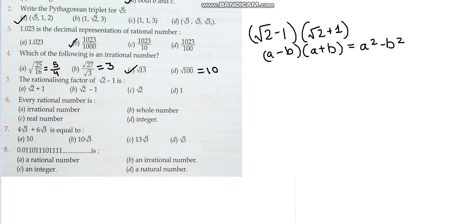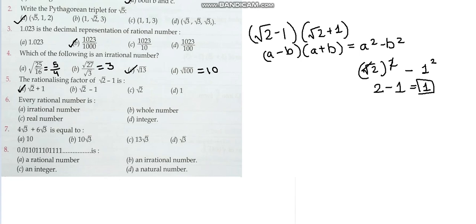So putting the values, we get root 2 square minus 1 square. The square root symbol will be cut by the square symbol and it will be 2 and 1 square is 1. So 2 minus 1 is equal to 1, which is a rational number. So the answer to the fifth question is A part, root 2 plus 1.